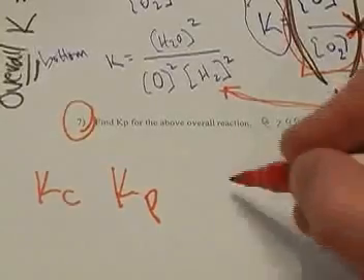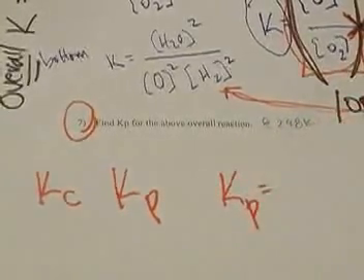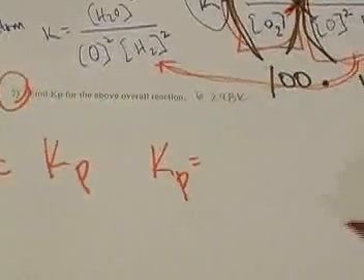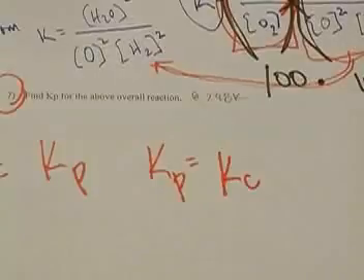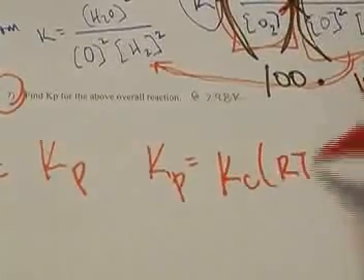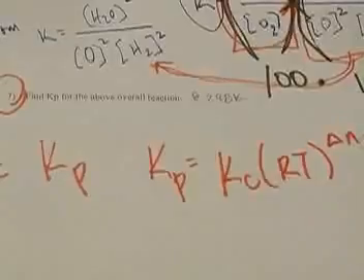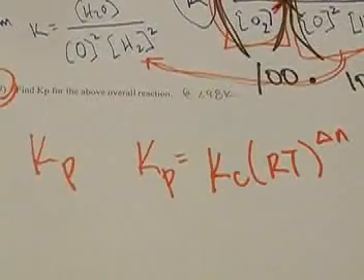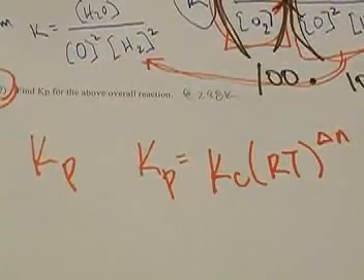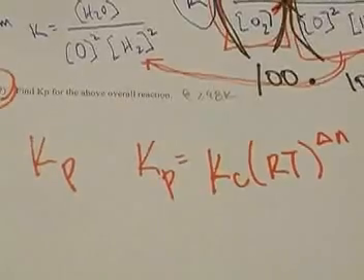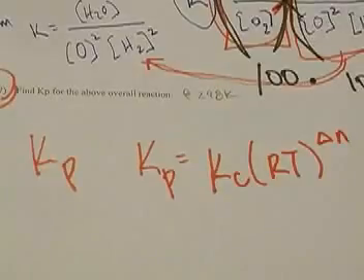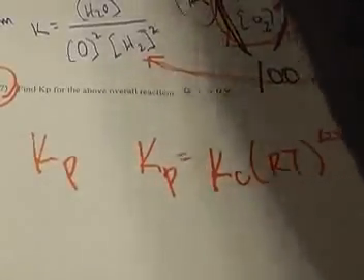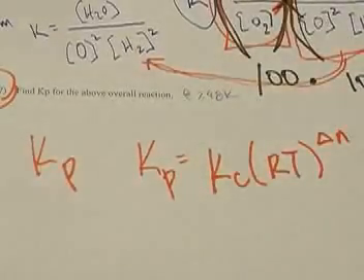We can say that K sub P, the equilibrium constant written in terms of pressures, is equal to K sub C, written in terms of concentrations, times RT to the delta N. This is for gases, because when we write gas equilibrium constants, we can write it in terms of pressures or concentrations, knowing that pressures of gases are many times analogous to the concentrations of those gases as well.